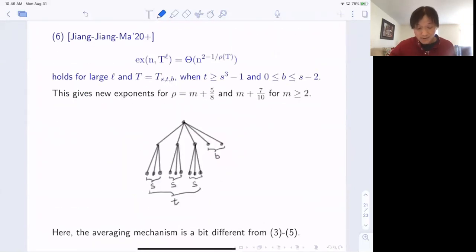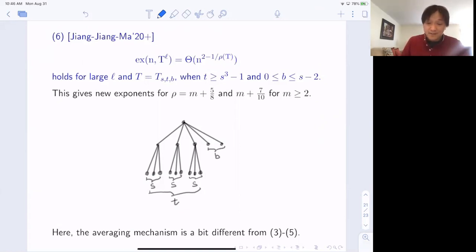Then more recently, with Zilin Jiang and Jie, we obtained more new exponents. It's a little technical to describe what they are. But let me tell you about the balanced tree we used in the rooted power. It's a 3-parameter tree.